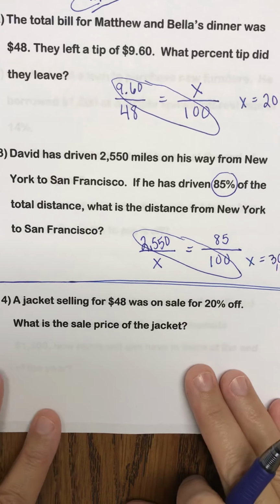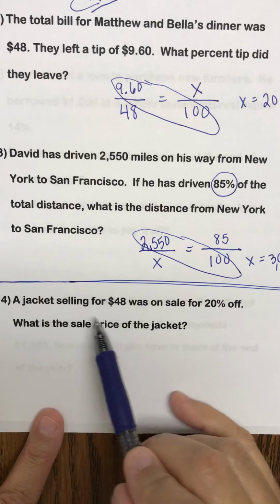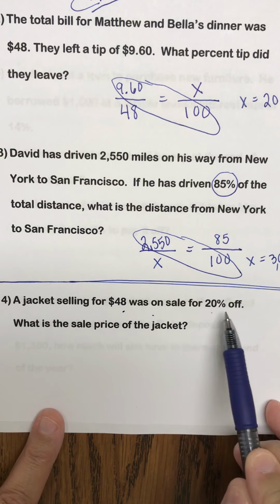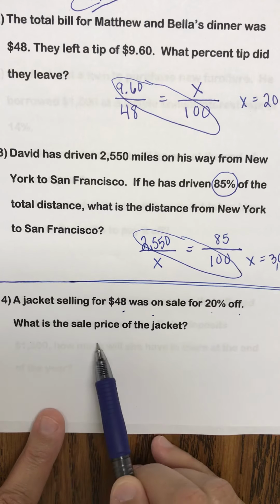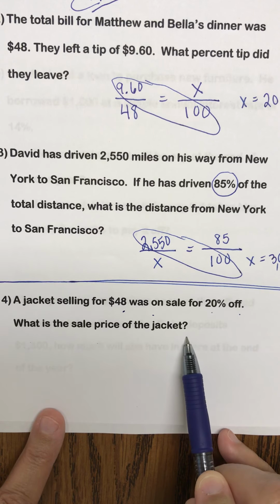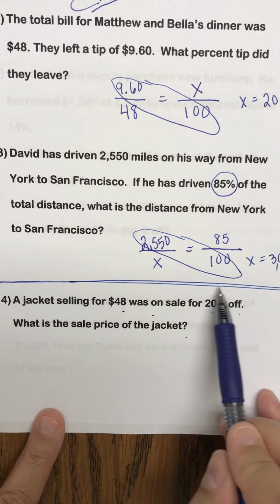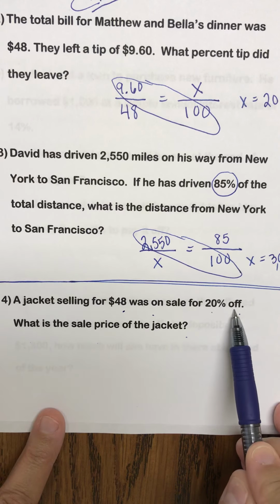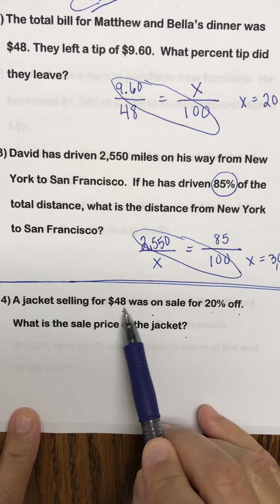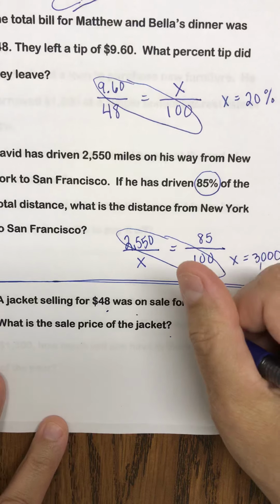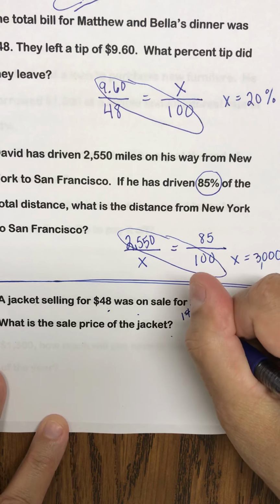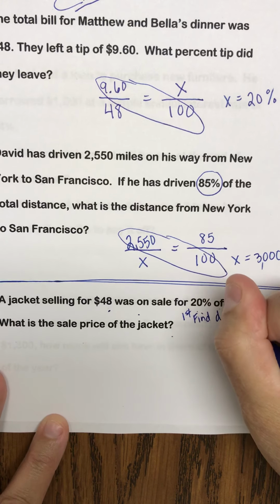So for this problem number 4, a jacket selling for $48 was on sale for 20% off. What is the sale price of the jacket? When we do our proportion, we're going to use this first bit of information, and we're going to find out what the discount was. So first, we're going to find the discount.